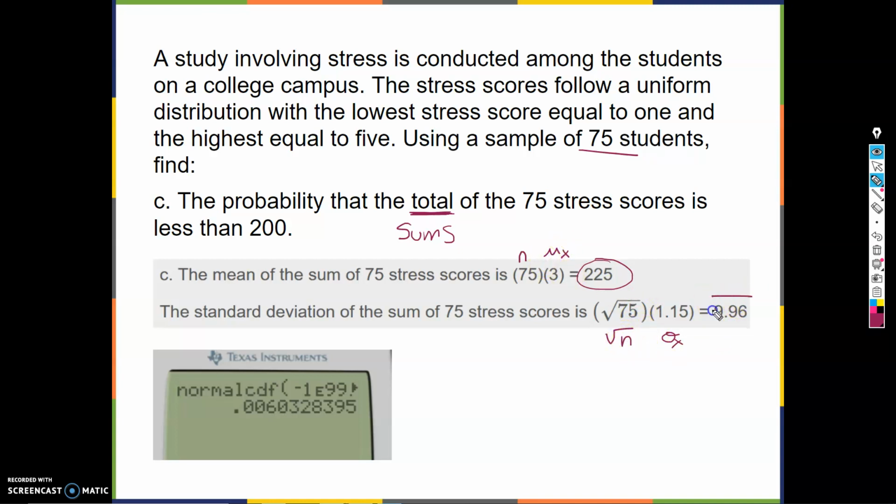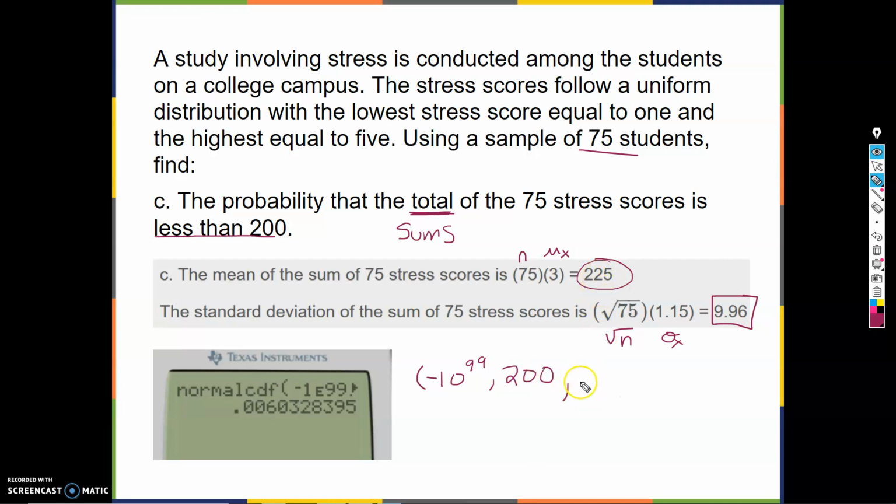So new standard deviation, new mean, this all goes in the calculator, and this is a less than problem, which means we're doing normal CDF of negative 10 to the 99th. That's your lower. Your upper, less than 200.